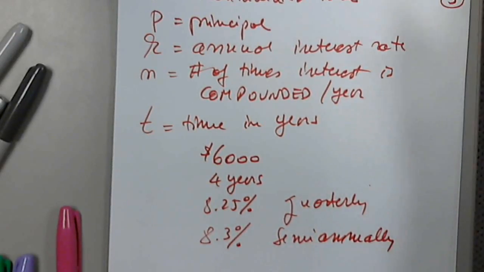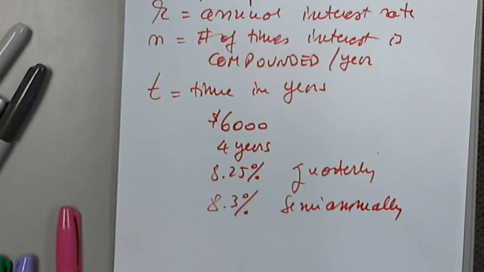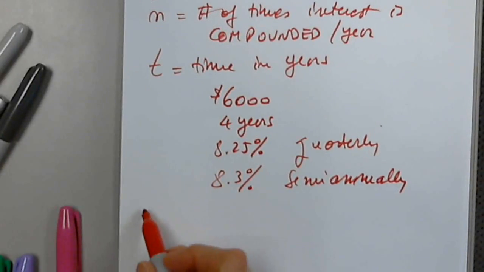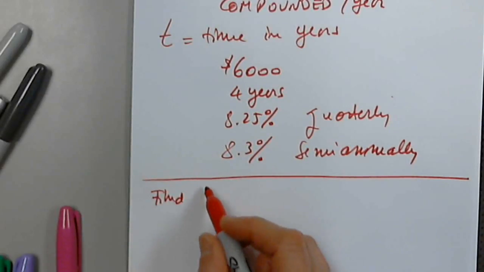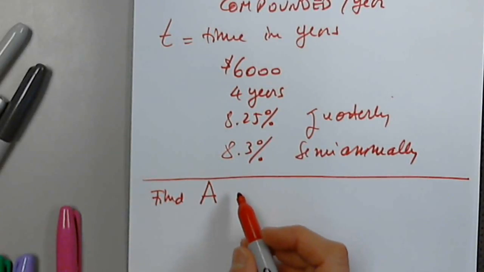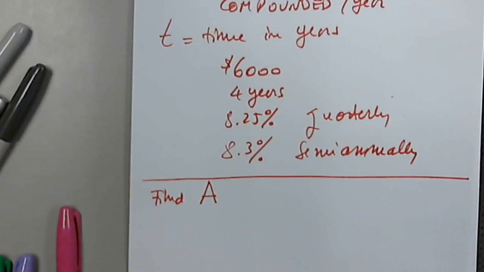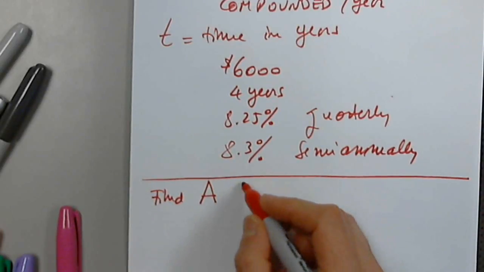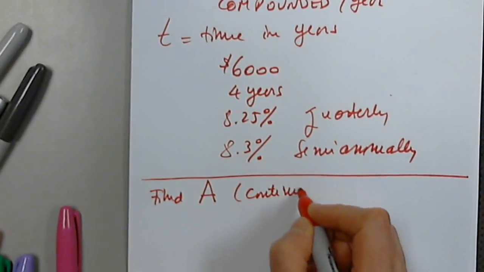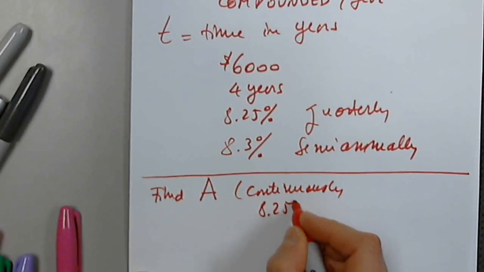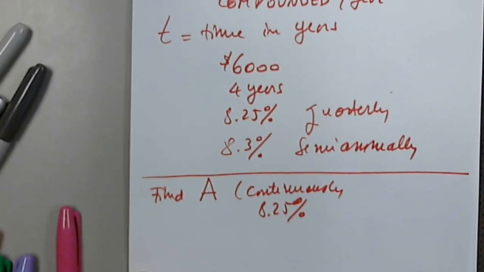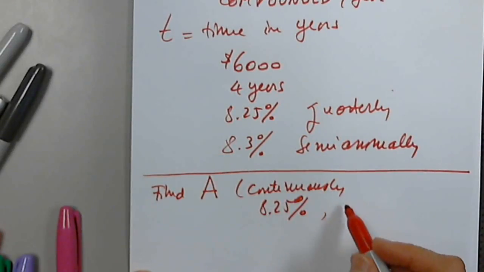I am going to add here a question not really related to this, and my question is, also find the accumulated value when the interest is compounded continuously. Well, let's say for 8.25% and for the same 4 years.